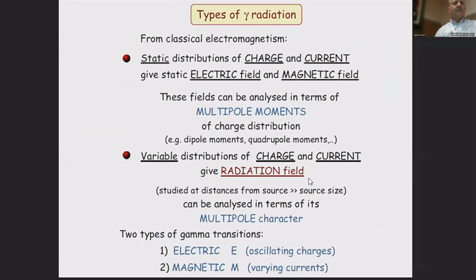These are a little bit advanced topics, but I will continue very fast. When you have a charge, you have an electric field. When you move that charge, then you have electric plus magnetic field.